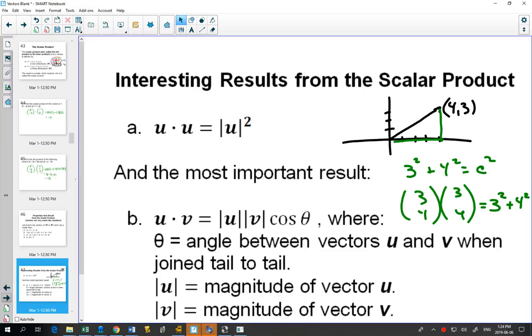It just so happens that the dot product is always equal to the length of u times the length of v times the cosine of the angle in between them. And where this is really powerful is that now we can rearrange this and solve for the angle between vectors.